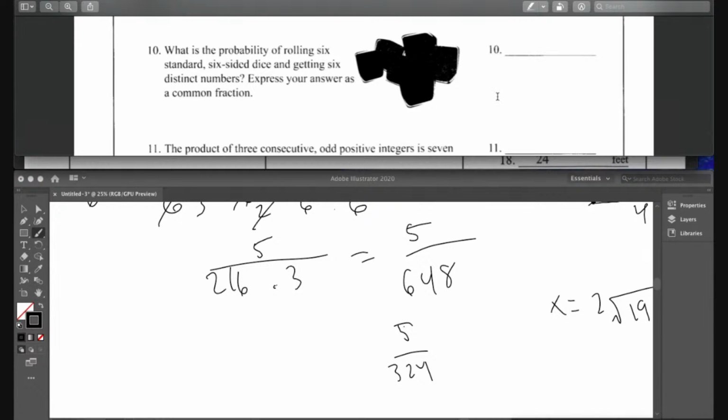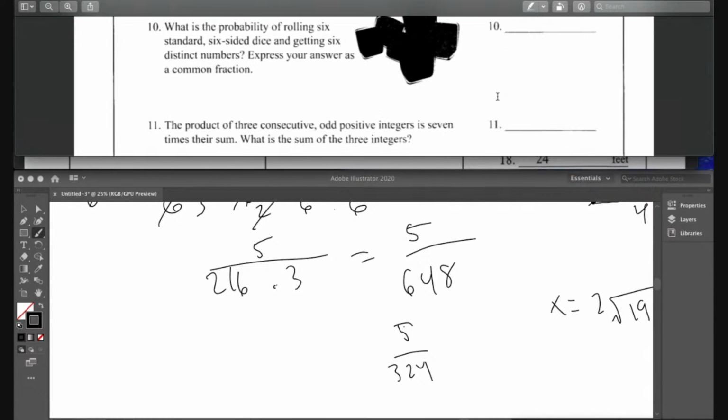Anything you want to say for that one, Bill? Oh, I also thought of just finding how many permutations you can have of the six numbers, and then putting that over 6 to the 6. Yeah, you can also do that.